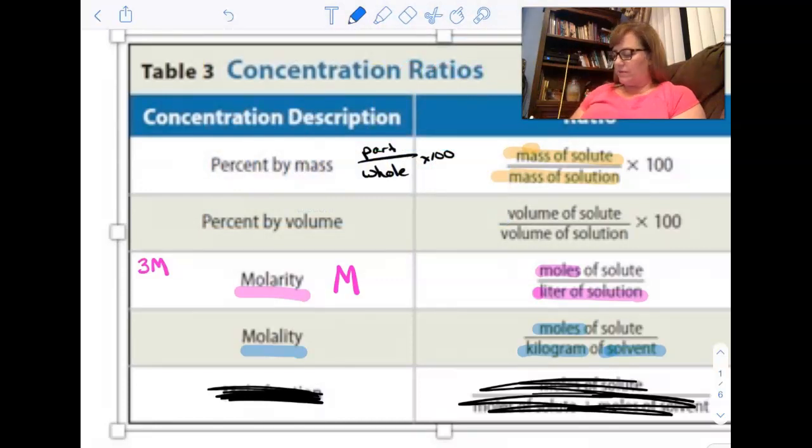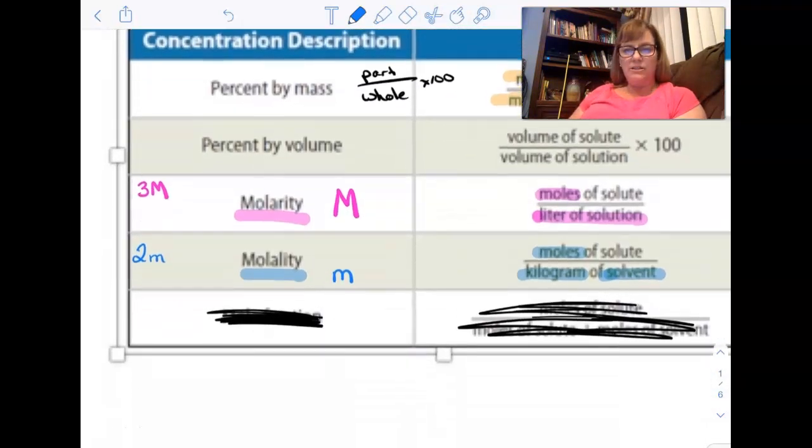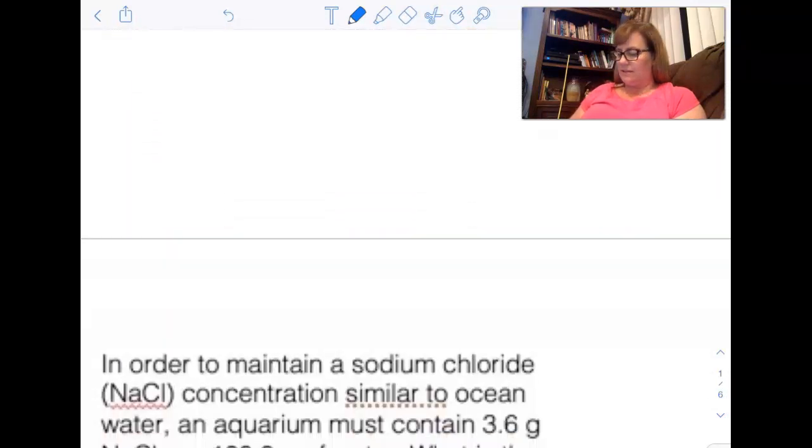Molality is always abbreviated as a lowercase m. So you might have a 2 molal solution of something, and you would write it like that. Okay, just some standards to know. Let's look at how we do these calculations.